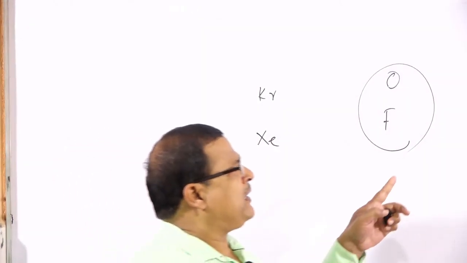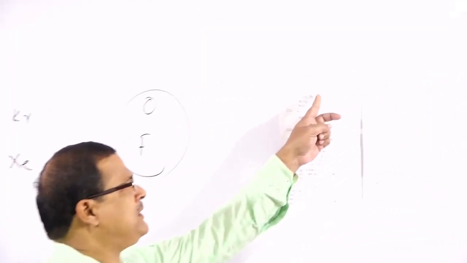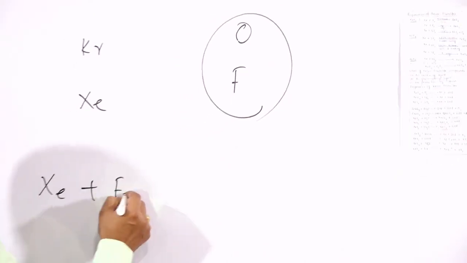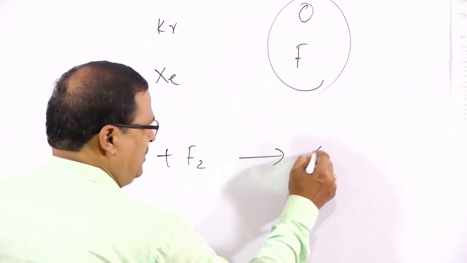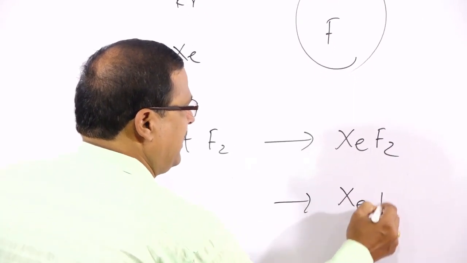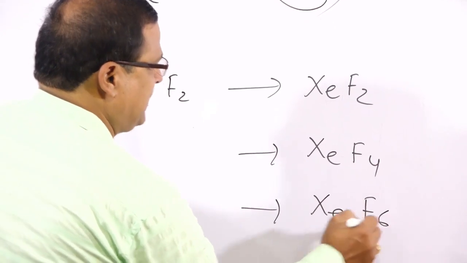So in part 2 we will discuss the preparation of xenon fluoride compounds, that is Xe plus F2 gives rise to XeF2, XeF4 and XeF6.